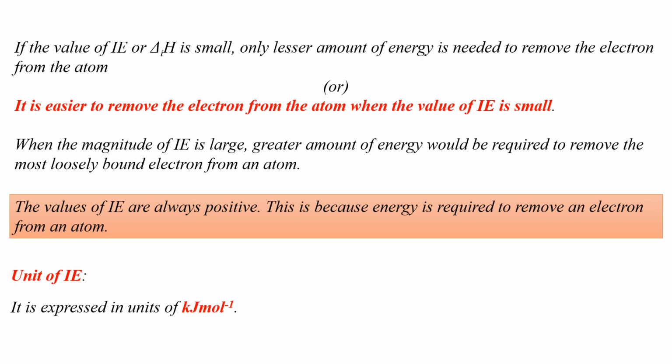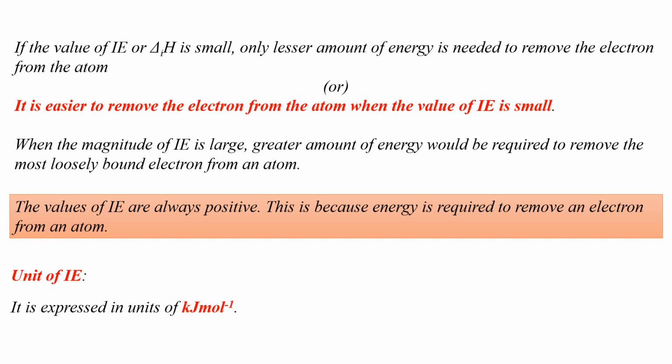If the value of ionization enthalpy or delta IH, you can also write it as IE1, is small, it means that only a lesser amount of energy is required to remove the electron from the atom. Or in other words, it is easier to remove the electron from the atom when the value of ionization enthalpy is small.